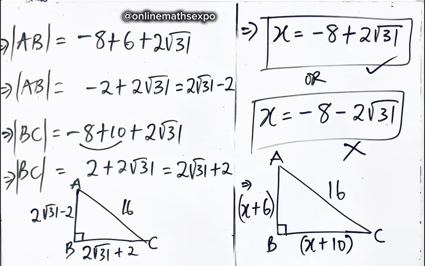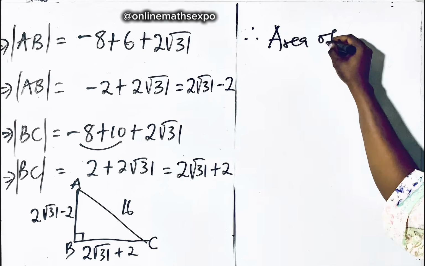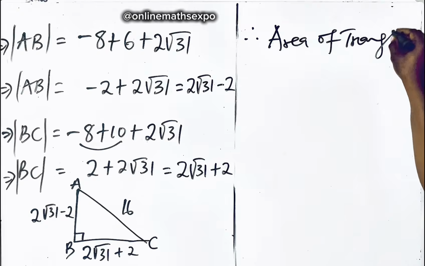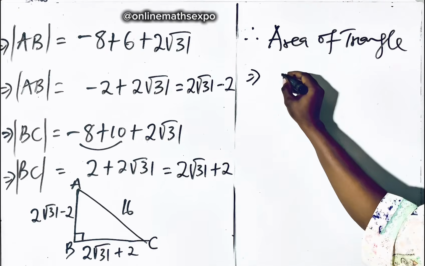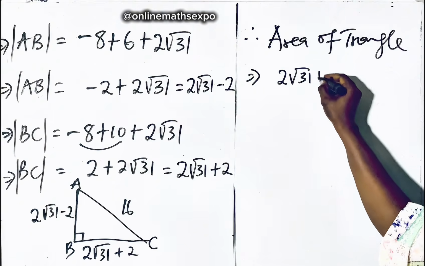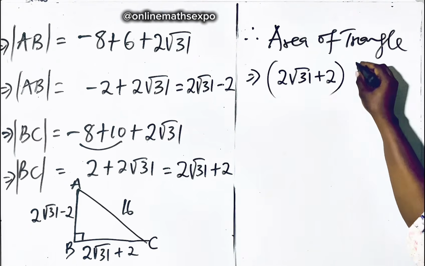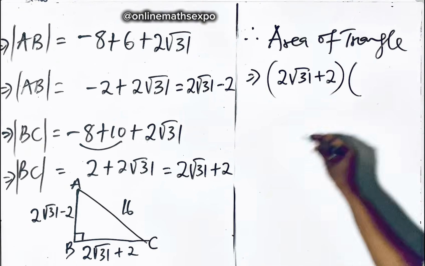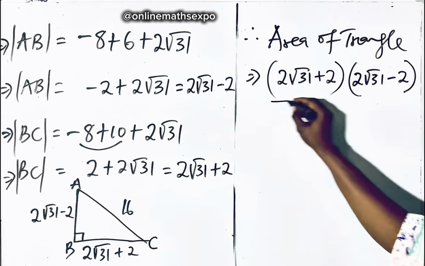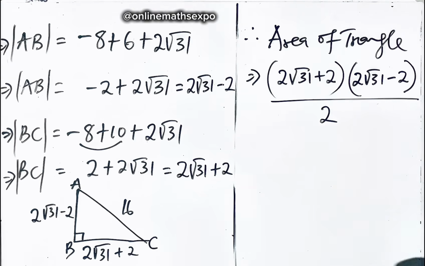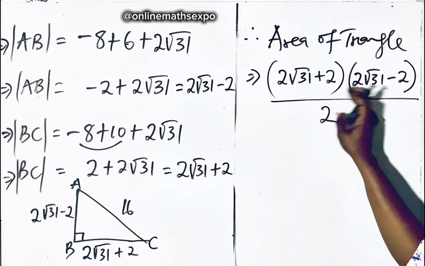Let's do it together. Area of triangle is equal to BC, which is 2 root 31 plus 2, multiplied by AB, 2 root 31 minus 2, and then divided by 2. For the numerator, what do you do? Let's quickly multiply this.